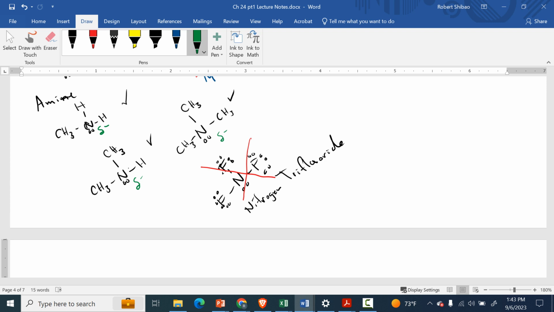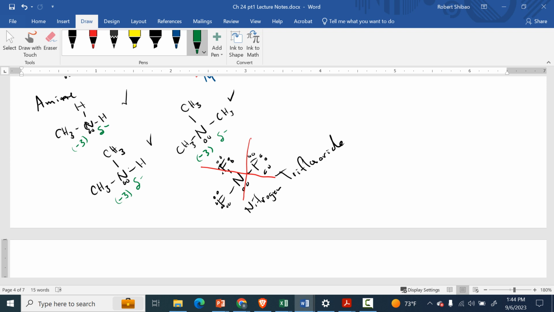The formal charge is all 0, but what are the oxidation states on this nitrogen? Can you tell? -3. The oxidation state on this nitrogen? Same, -3. On this nitrogen? Same. They're all -3. In other words, winner takes all.